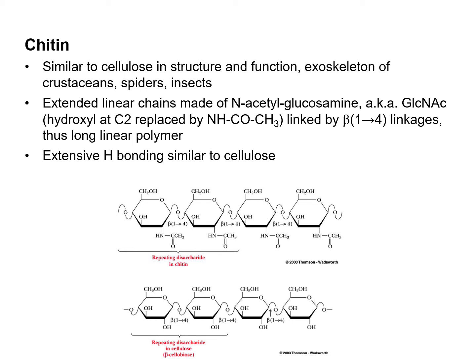It basically has an NHCOCH3 group instead of the hydroxyl group in cellulose. But it has the same kind of beta 1,4 linkages, and it can make long linear polymers too. Chitin also has extensive hydrogen bonding, similar to cellulose.